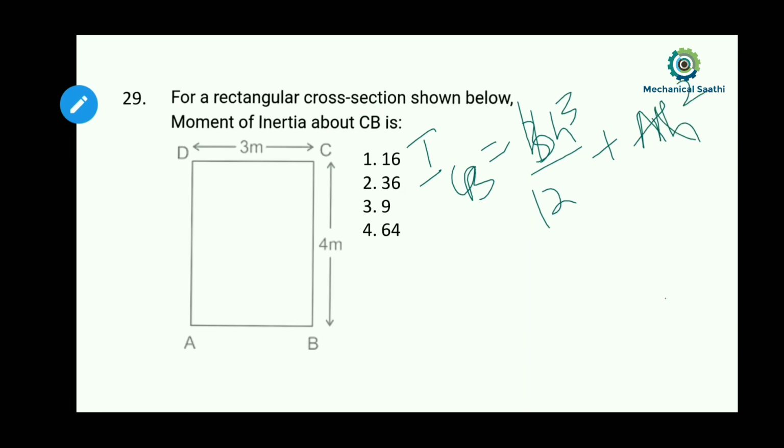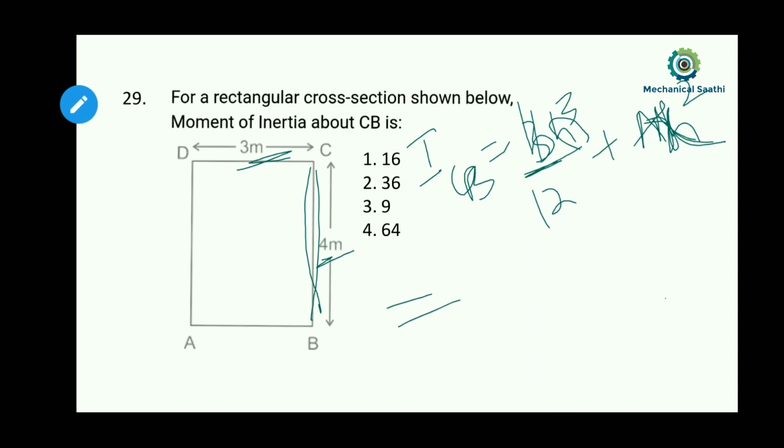Let us write it as x, because we have taken this as h. Here b is the length about which we have to find out, so this length we can take as b. I can write this b as 4, and this is h, that is height, which we can say is 3 meter.